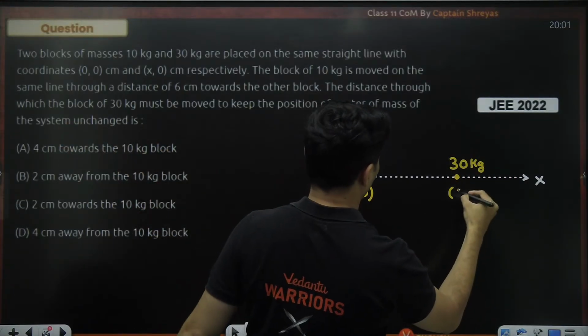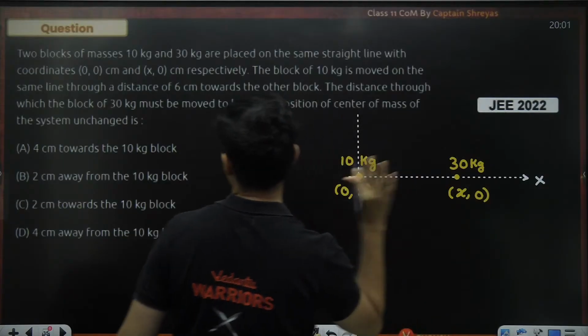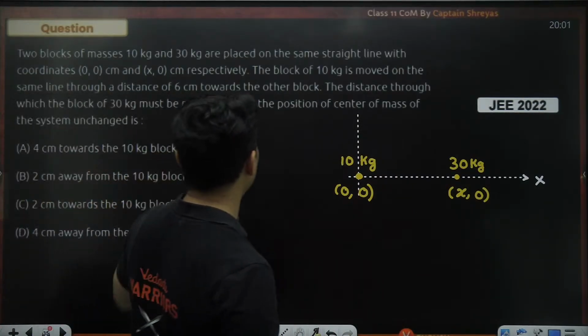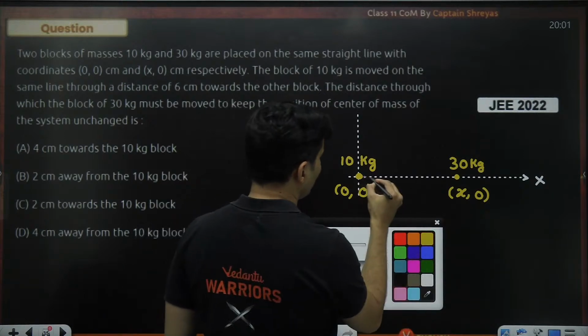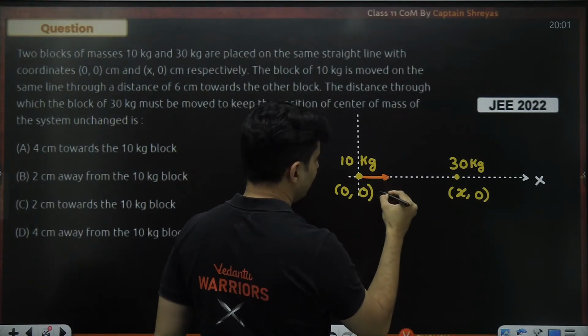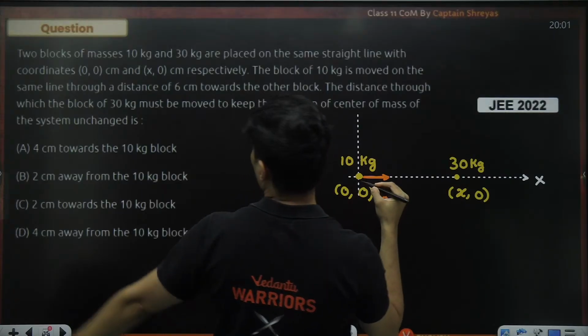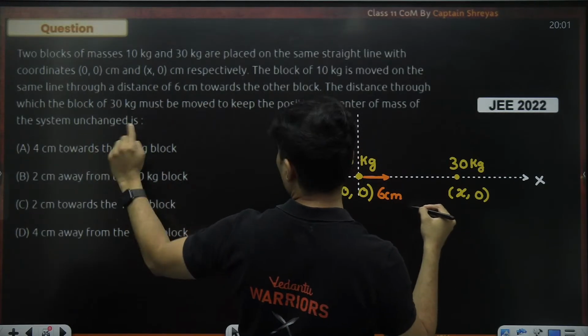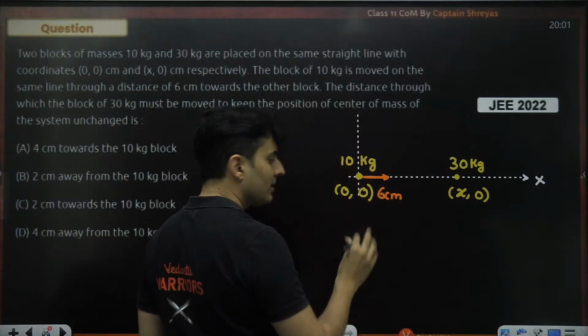I do not know what that x is. Doesn't matter, maybe. The 10 kg block is moved in the same line 6 centimeters towards the other block. So I'm moving this block like this by 6 centimeters. Question is, how much should the 30 kg be moved so that the center of mass will stay there?